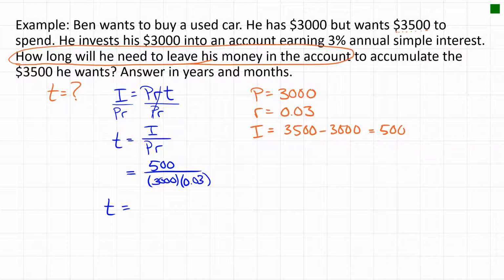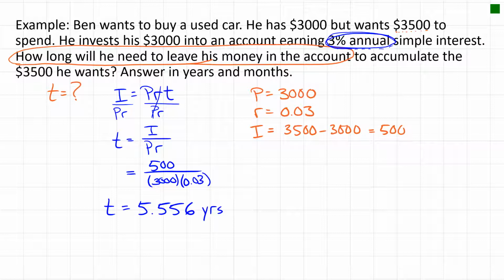So we get that T is equal to 5.556, and I'll just round to there. Years. Our unit of time is years because R was in 3% per year. So that means that the time we got out of it has to match up with that time amount in the interest rate.